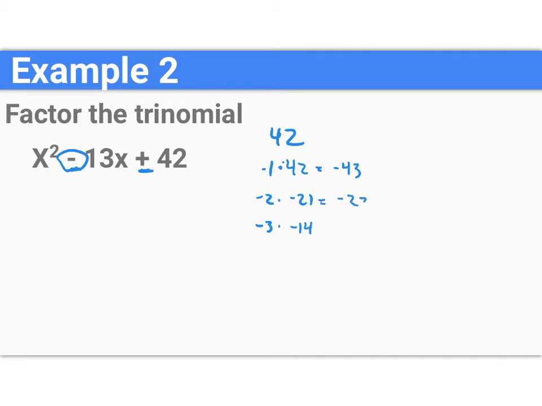This is negative 23. This is negative 17. Does 4 go into 42? No, it does not. 5 does not go into 42. So for negative 6 times negative 7, I get negative 13. Wow, look at that. So we get x minus 6 and then x minus 7. The two factors of 42 that add to 13 and multiply to make 42.